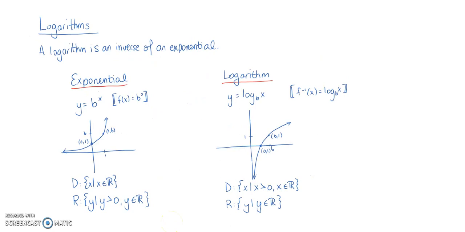Now a logarithm is basically just an inverse of an exponential function. On the left-hand side, I have an exponential function with a base of b. We can write it as f of x equals b to the x, which then has those two key points that we just talked about. The domain and the range are here. Now here we have our log base b of x, or our f inverse of x is log base b of x.